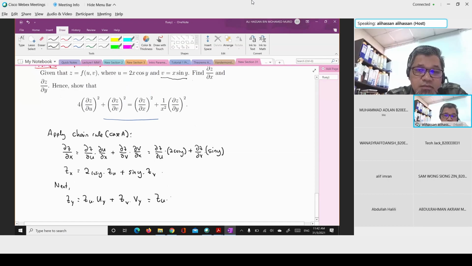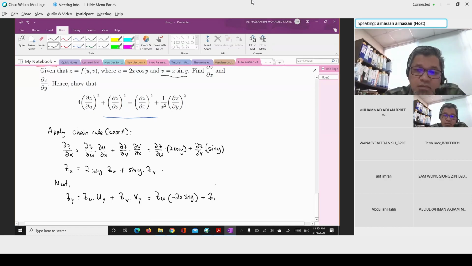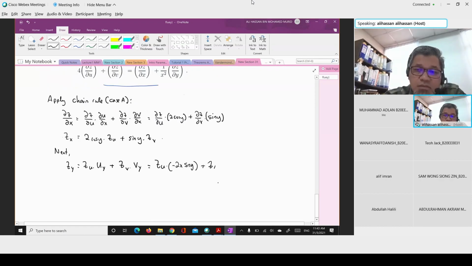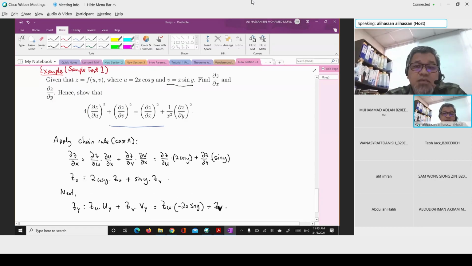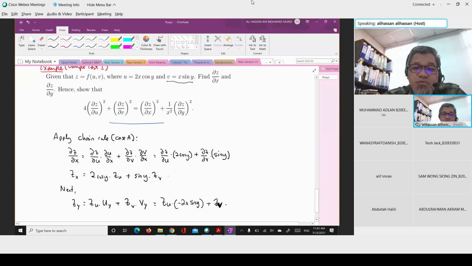What is u partial y here? It's minus 2x sine y. Next, we have z partial v times v partial y. Look at v. V is equal to x sine y. So v partial y is x cosine y.